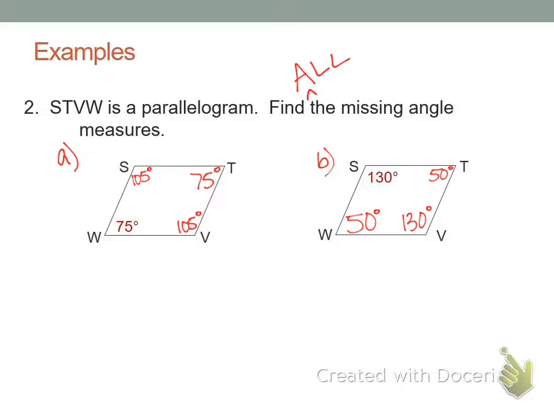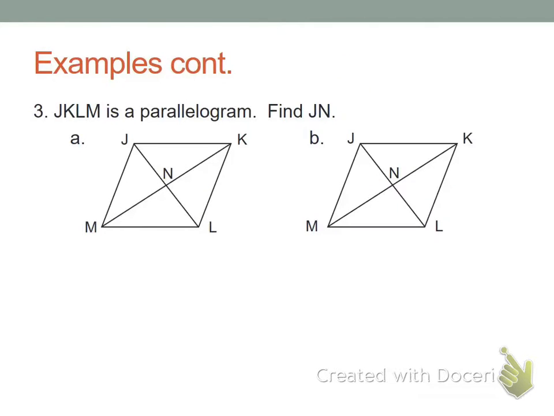A problem like that doesn't really have any algebraic expressions involved, so I'm fine with you just filling in the answers. Okay. Questions, concerns, need more time? All right, we have two more parallelograms.